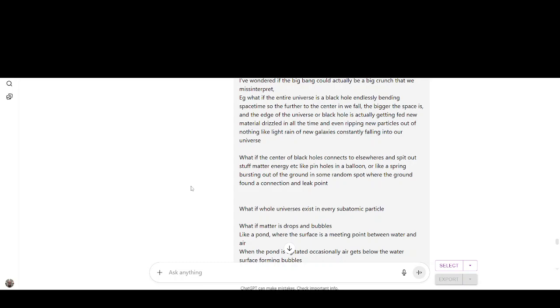Water finds a way. And then eventually the water comes out someplace.